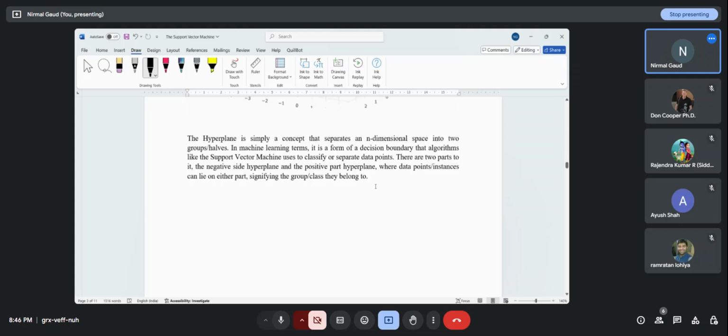Now, a hyperplane is simply a concept that separates n-dimensional data into groups. It's an approach, it's a way that you can classify data points. Fine. In logistic regression, you have used probability. Here we are not using probability. Here you are using support vectors. Okay. That will help in defining the decision boundary.